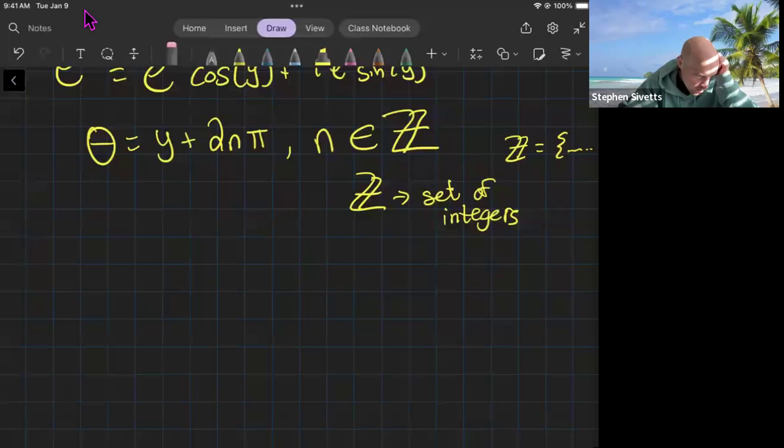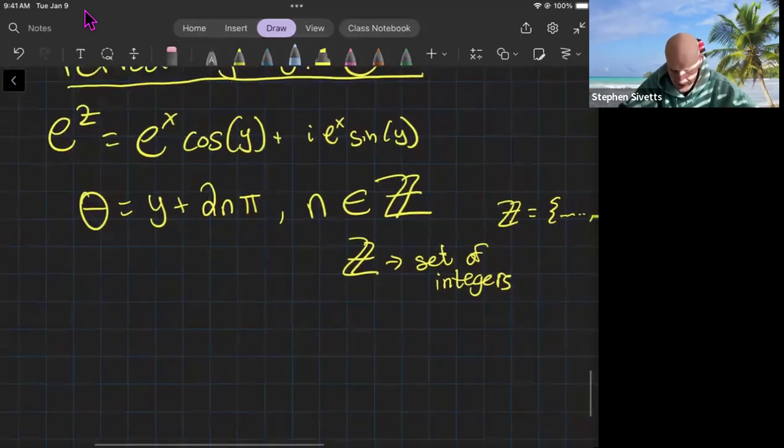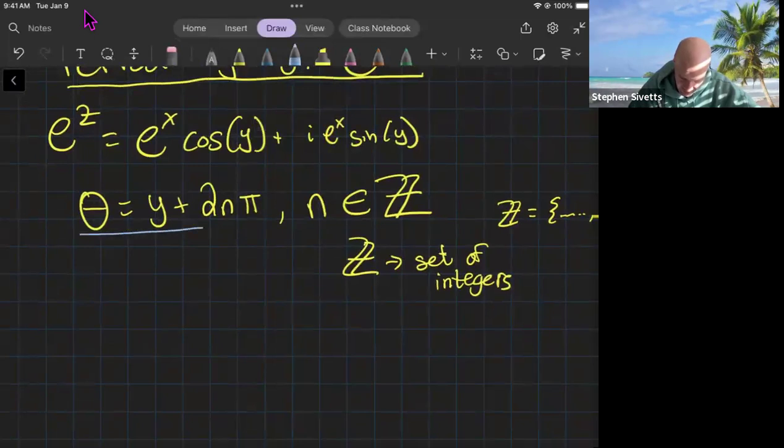Okay, so since cosine and sine are periodic, right? If we have theta equal to this quantity, we would get the same value, right?